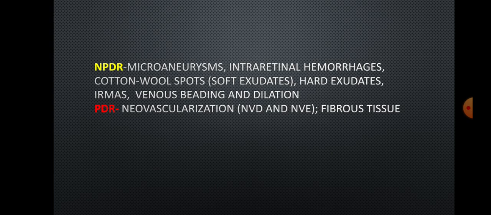In PDR, we can see neovascularization and fibrous tissue. As the NPDR progresses, the retinal ischemia increases, and this leads to the development of new vessels on the disc and elsewhere in the retina.